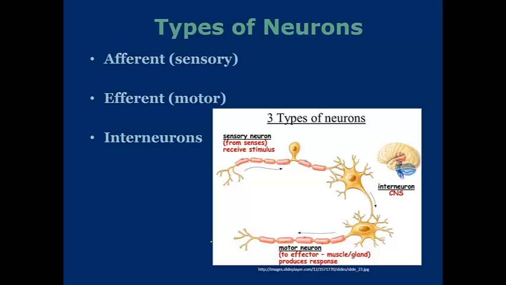Think about it as afferent, or sensory, receives a signal or a stimulus, and efferent neurons, motor neurons, send out to muscles or glands to respond to the sensory information. And interneurons are just the intermediates. To the bottom right is a picture of a standard reflex arc.